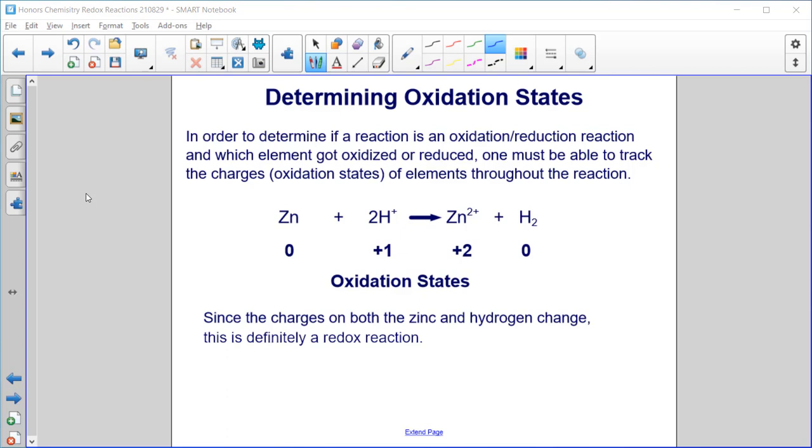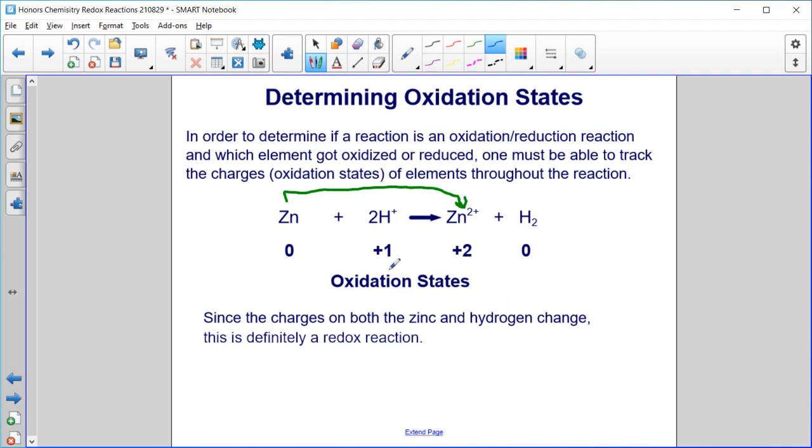We have zinc plus 2 hydrogen ions produces a zinc 2+ ion plus hydrogen H2 in its elemental form. In this case, the zinc metal starts with an oxidation state of 0 and ends with an oxidation state of +2, the charge of that ion, right?